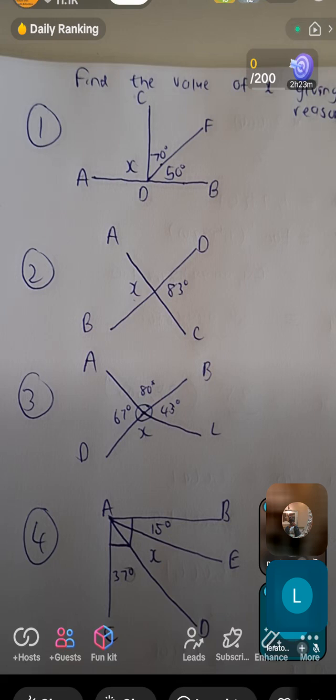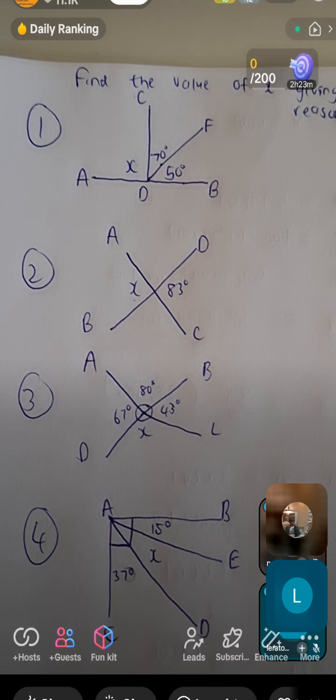Then from there, I said x plus 120 equals 180. Then x equals 180 minus 120. And my final answer is x equals 60 degrees.